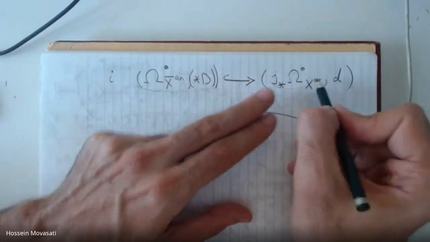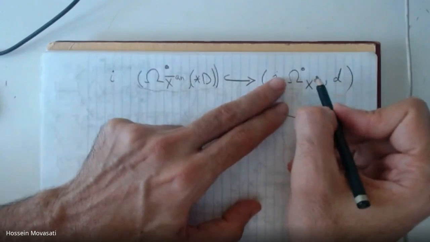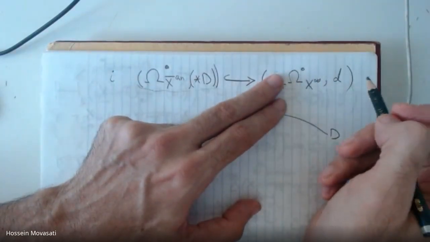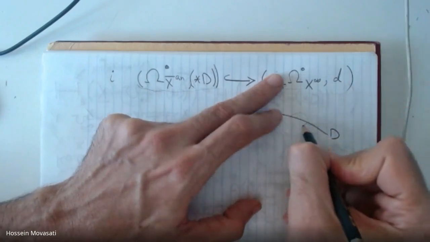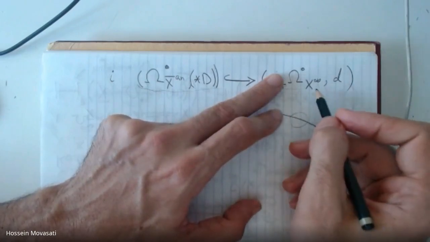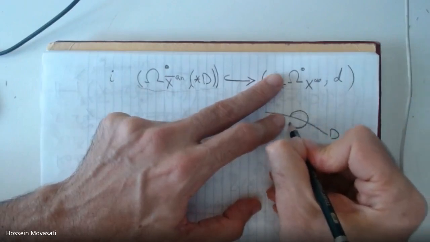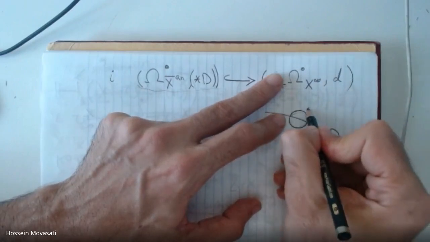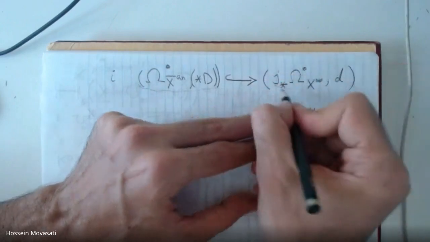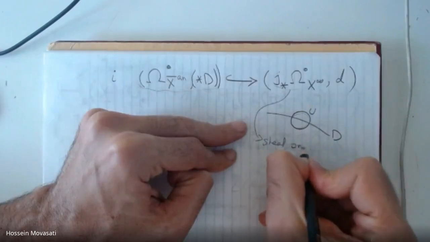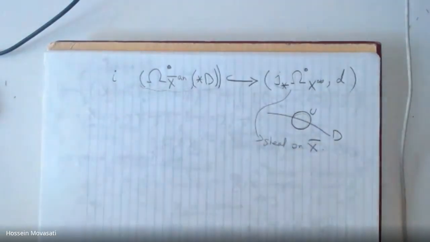You just consider, let's say, C infinity forms over X. Of course, a C infinity form you cannot extend to the whole X bar. But you define again a new sheaf on X bar. What is this sheaf?